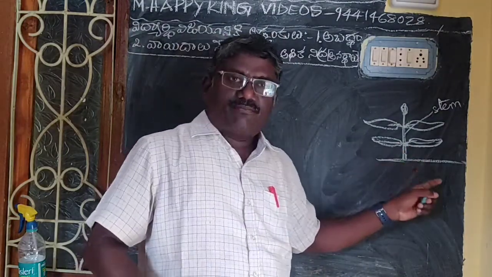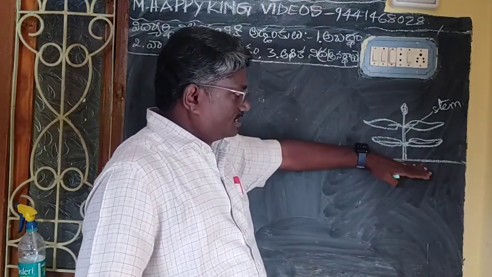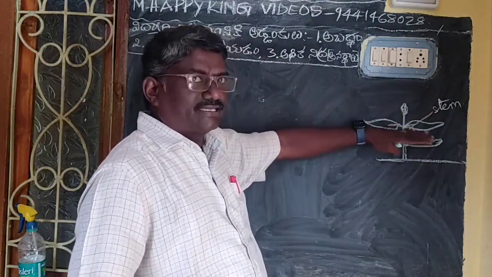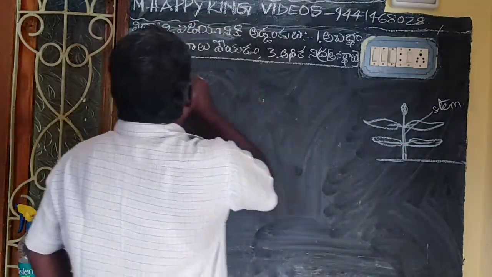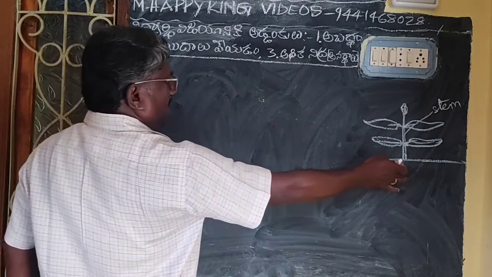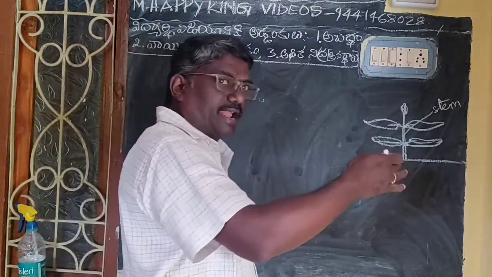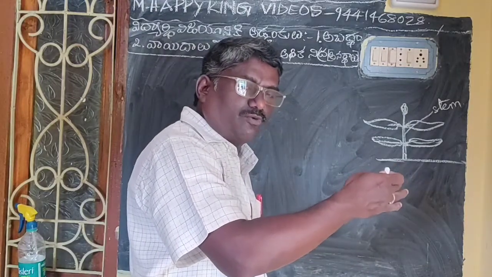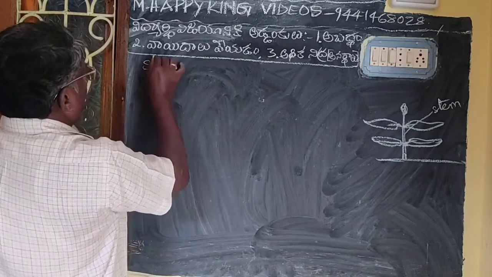The aerial part of the plant body above the ground is called the shoot system.